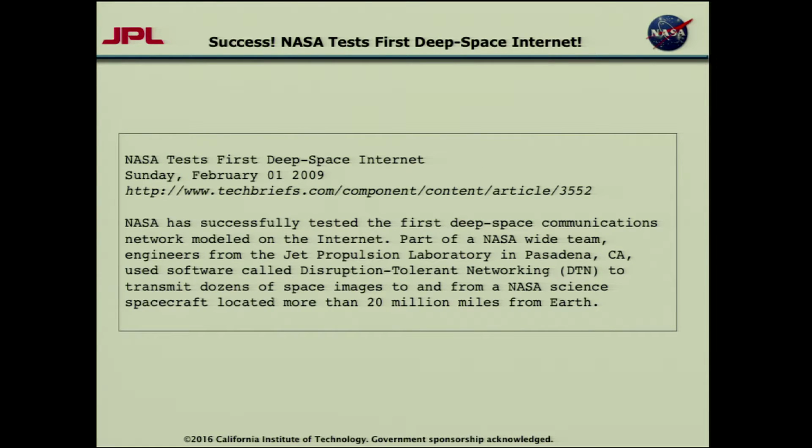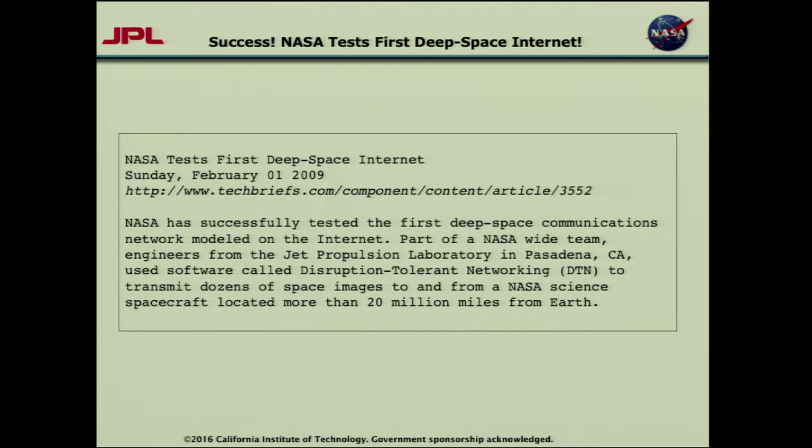It says NASA has successfully tested the first deep space communications network modeled on the internet, as part of a NASA-wide team of engineers from JPL in Pasadena. Used software called DTN to transmit dozens of space images to and from a NASA science spacecraft located more than 20 million miles from Earth. There's a video on YouTube. Vince Cerf comes on and he talks a lot about this. It's a really cool video.